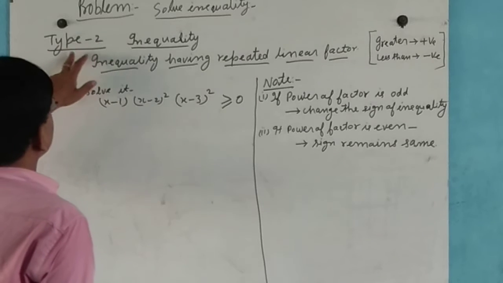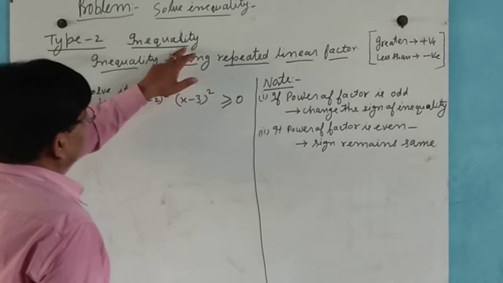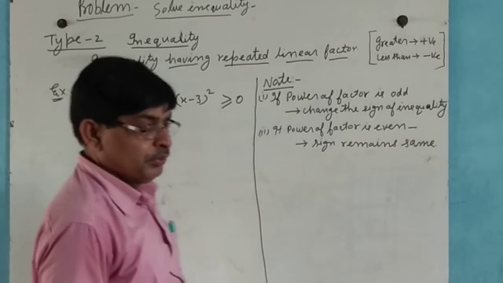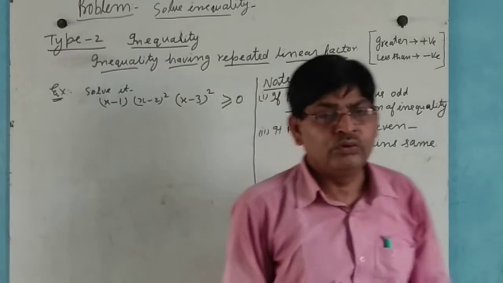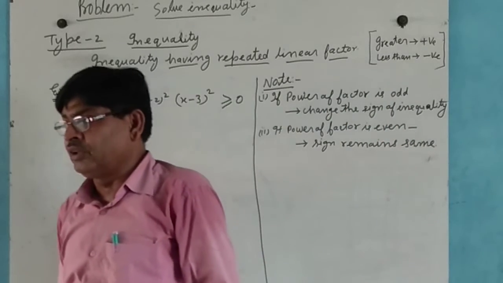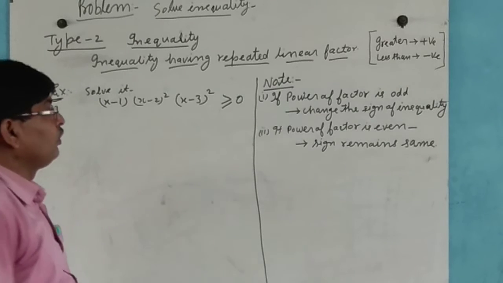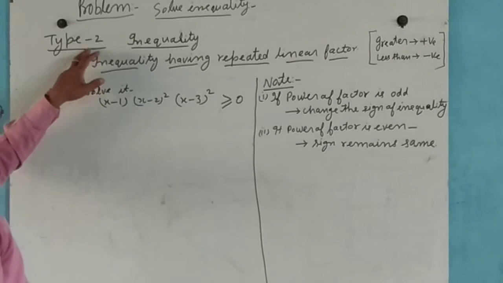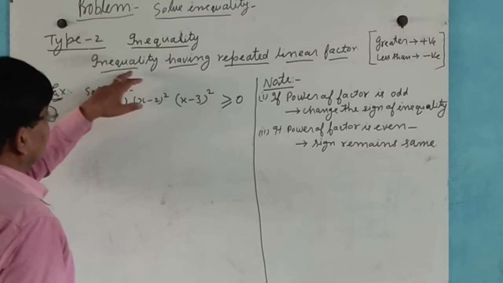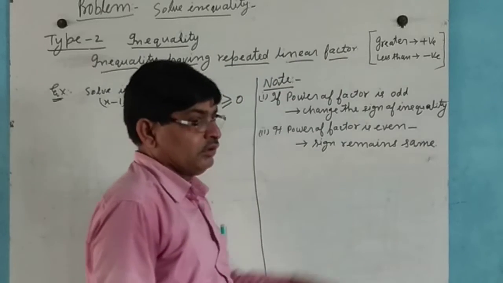Now here type 2 inequality. Before it we solved the type 1 inequality, but here we study about type 2 inequality having repeated linear factors.